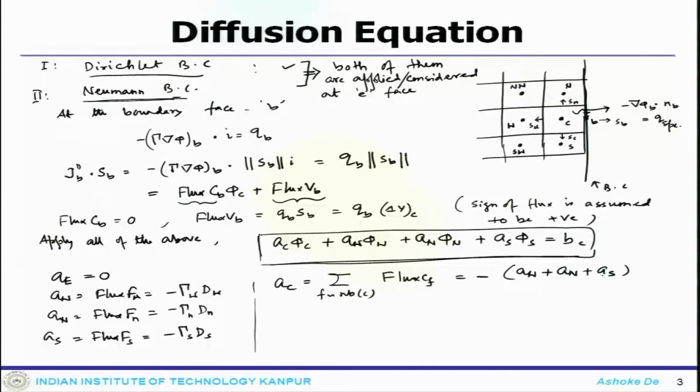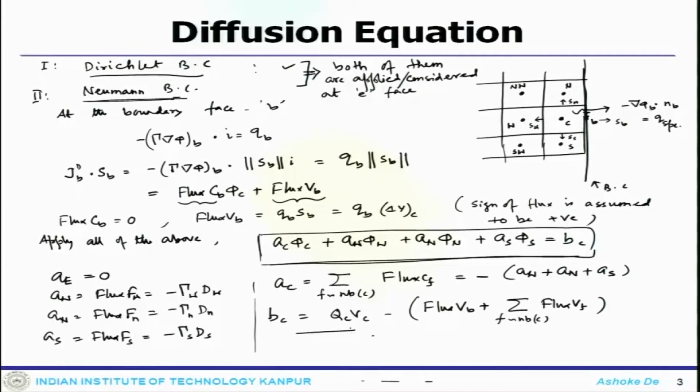Essentially that becomes AW plus AN plus AS. Okay. And the difference would appear in this particular source term, the BC, which is going to be QC minus flux VB plus summation over the faces of flux VF. This is the difference that would appear for the Dirichlet and Neumann boundary conditions.